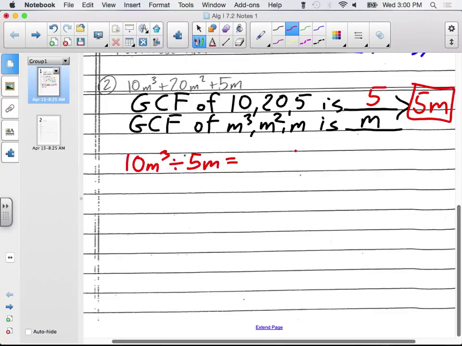An easier way to look at it is, what's 10 divided by 5? 2. What's m cubed divided by m? M cubed, which is really m times m times m, divided by m. M squared. Left with 2, so it's 2m squared.